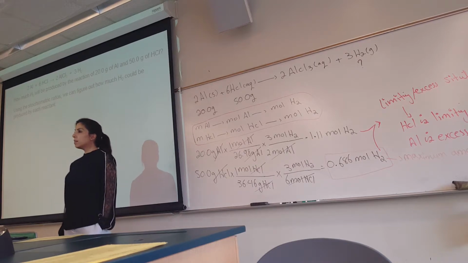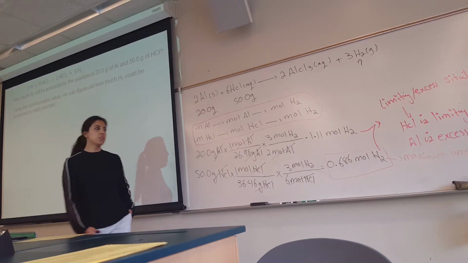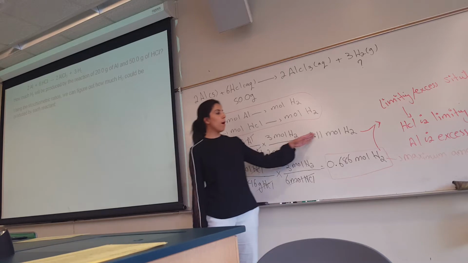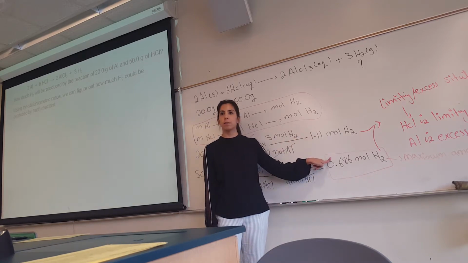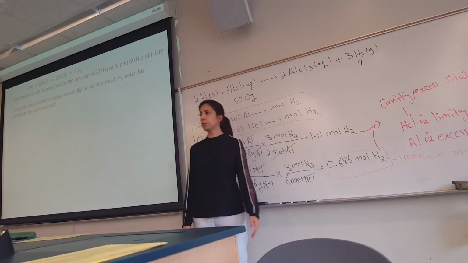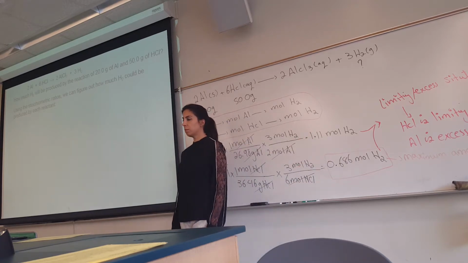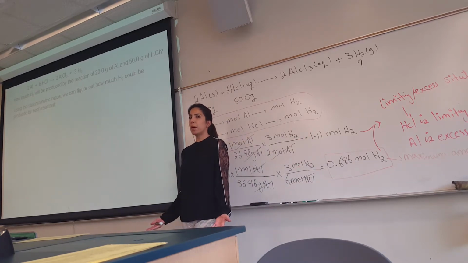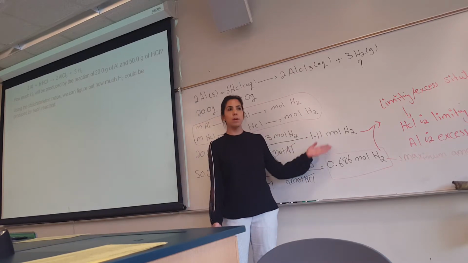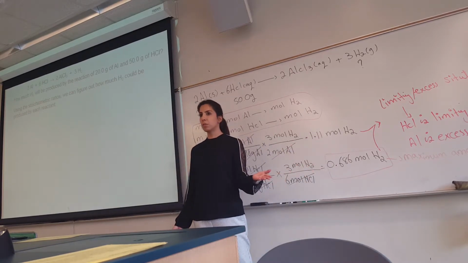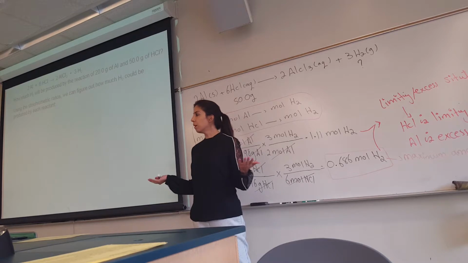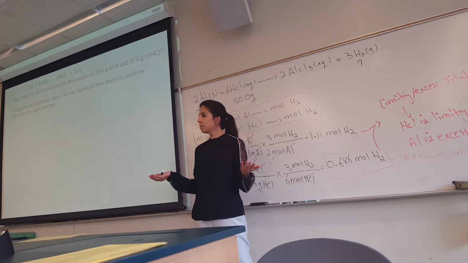Now, in the test, if I give you this question, you can't box both answers for me. If you box both answers, it means that you don't really understand what limiting and excess is. And there is no way I can have two different amounts of hydrogen gas produced. If you don't box anything, again, we don't know what the answer is.